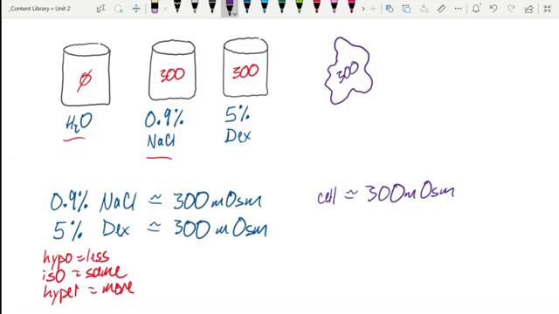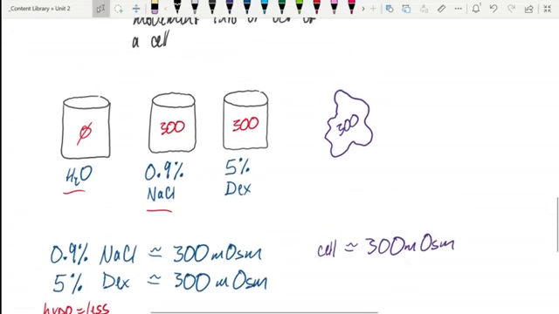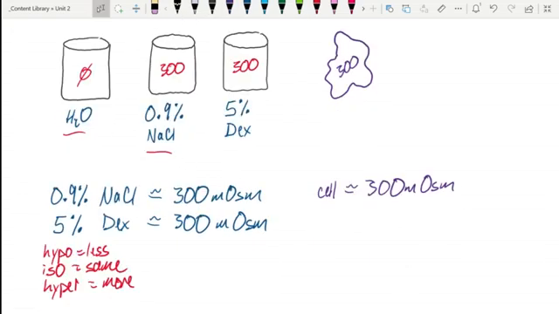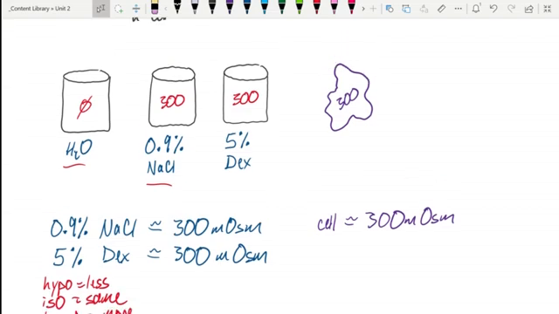Now, if I'm comparing the two, let's just start with the water. The water compared to the cell's at 300, the water's at 0, and the cell's always going to be our reference point. So the water at 0 compared to the cell is less. Therefore, the water is hypoosmotic. But what about tonicity? Well, from what we learned about osmosis, we know that water is going to follow salt. And because the cell is 300 and the water is 0, the question is, when I take that cell and put it inside the cup, right, we're still 0.